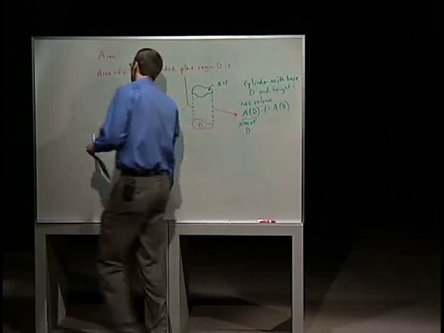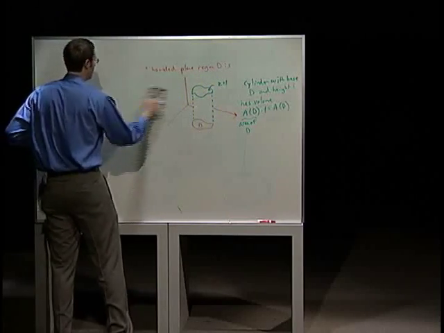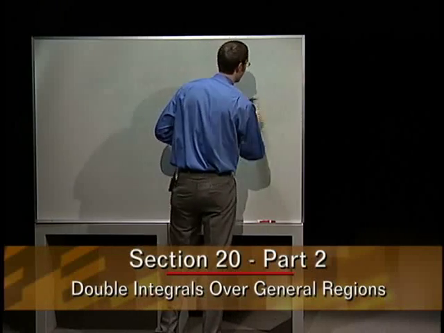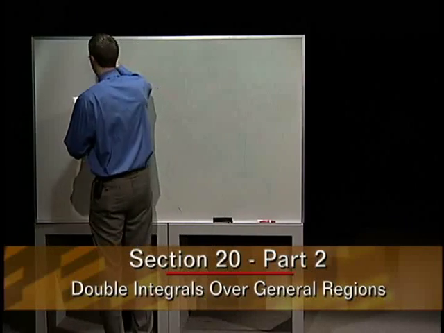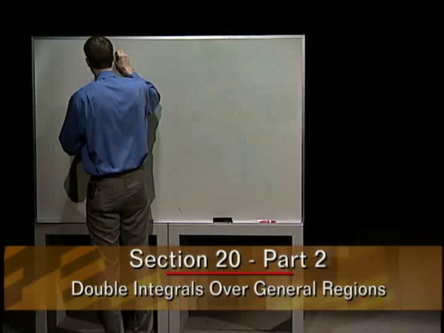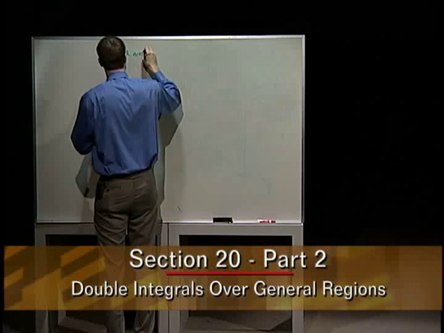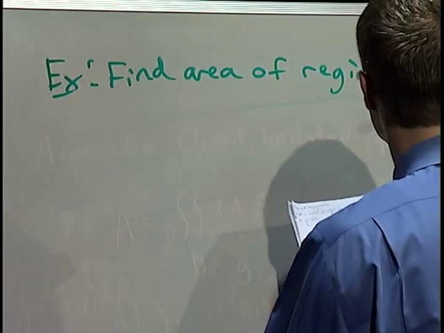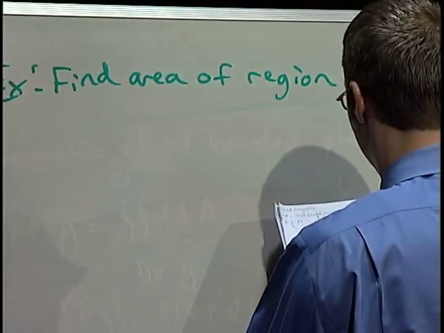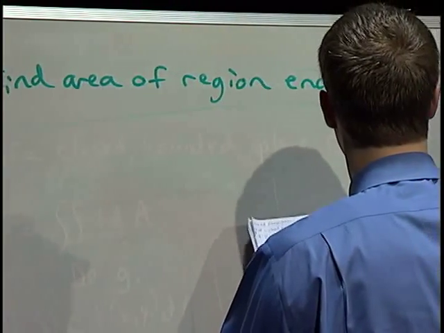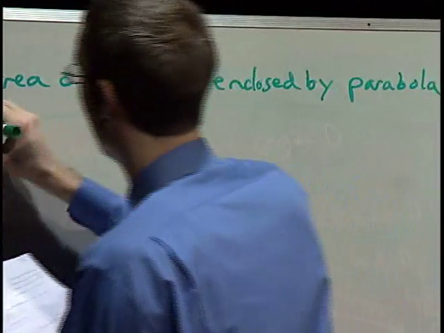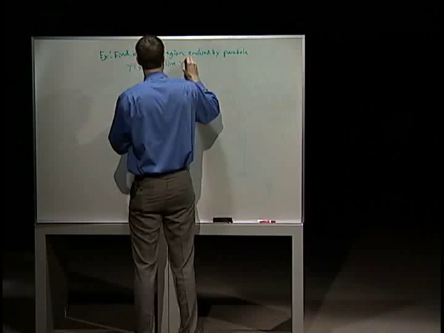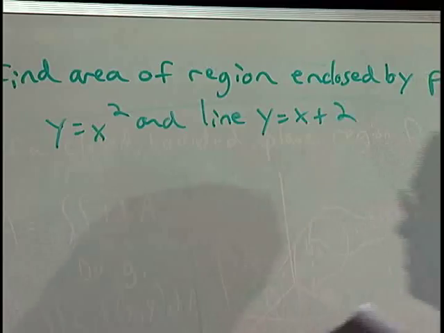So let's try it out on one. Let's find the area of the region enclosed by the parabola y equals x squared and the line y equals x plus 2.